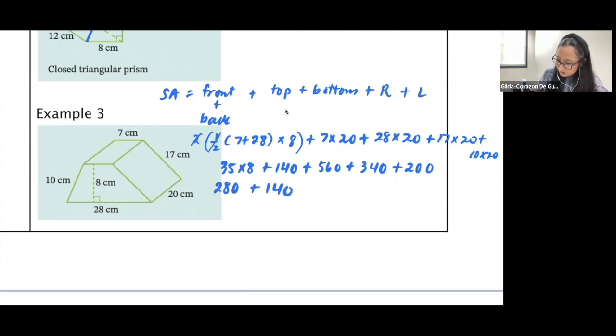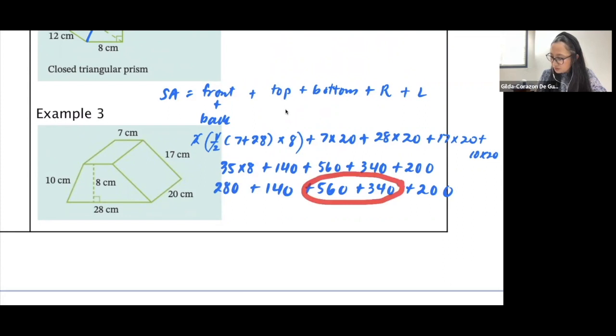Plus 140, plus 560, plus 340, plus 200. Okay, which ones can we add together? 500 plus 300 plus 60 plus 40, that would be 900, right? So these would be 900. What else can we add together?